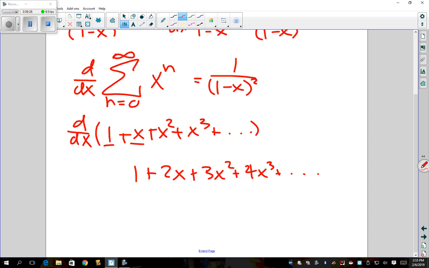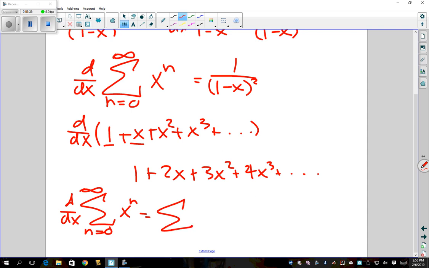And I can also see, if I look at my original series, x to the n power, I didn't even have to do term by term differentiation. The derivative is just n times x to the n minus 1. And so this is equal to 1 over 1 minus x all squared.